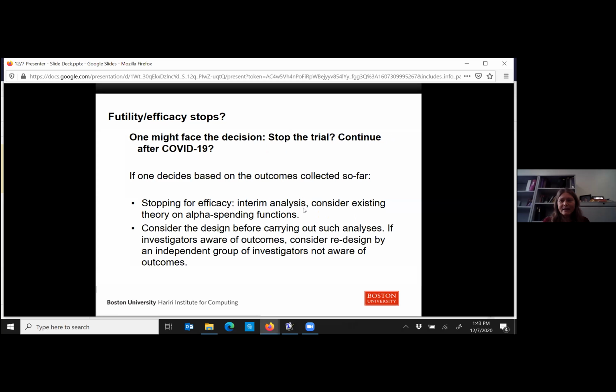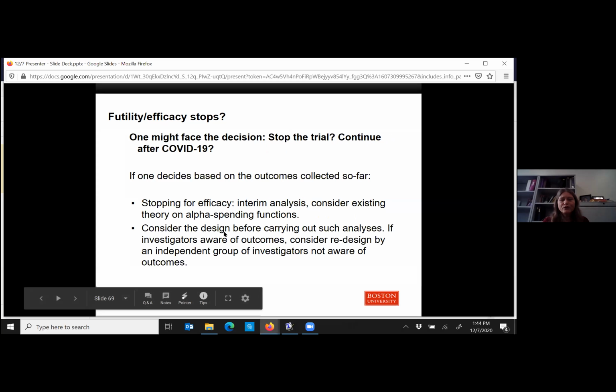In that case, as Ludovic also remarked, one could plan an interim analysis and consider existing theory on alpha spending functions. One should consider the design before carrying out such analysis. And if investigators are somehow aware of outcomes, one should consider redesign by an independent group of investigators not aware of the outcomes.